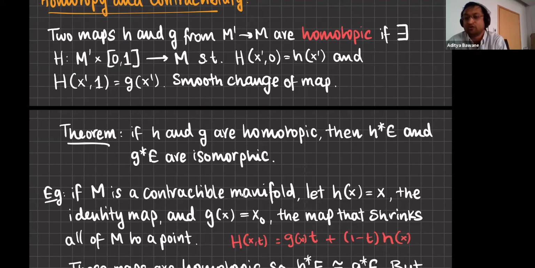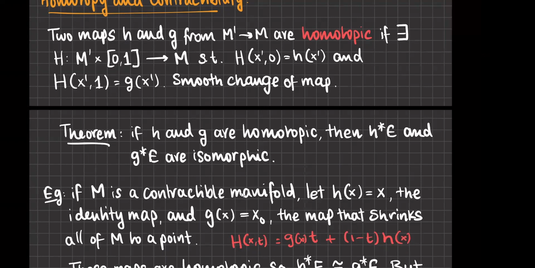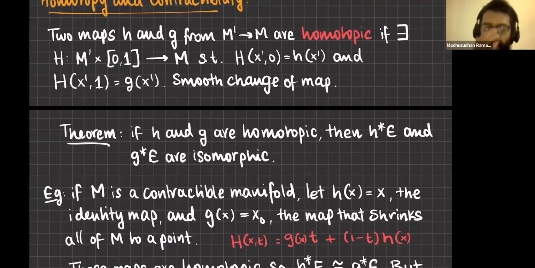Someone could say that I want to use the latitude and longitude to add. Someone else can say that I want to use the stereographic maps to add. There is no invariant way of saying what it means to add. But as long as something is there, they're homotopic. No, one second, let's clarify this.